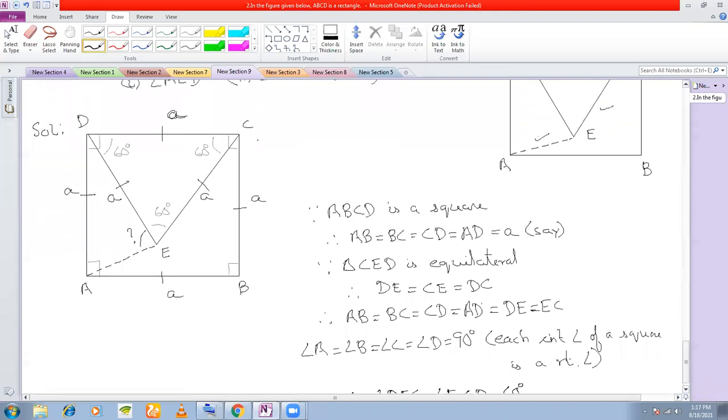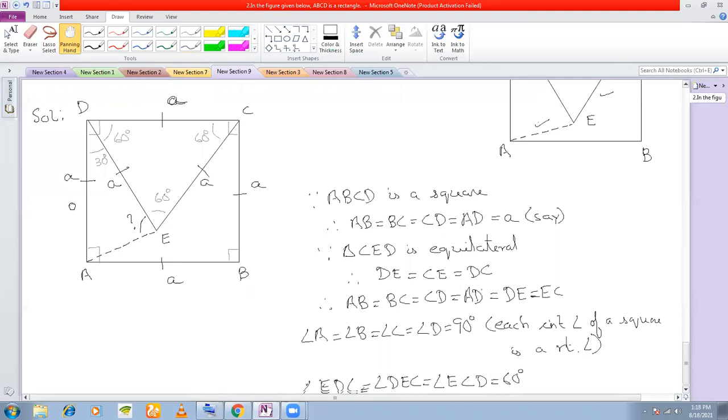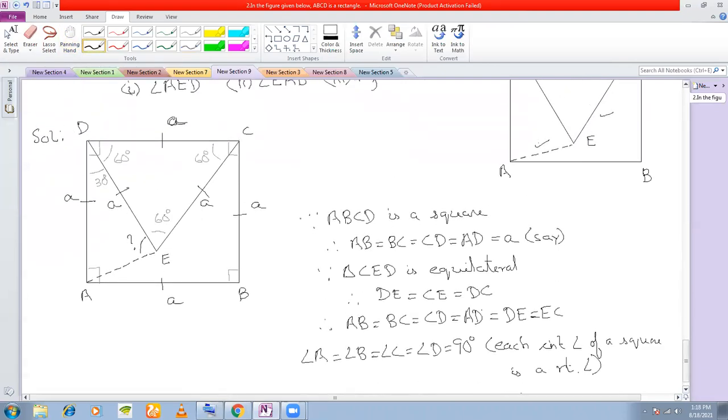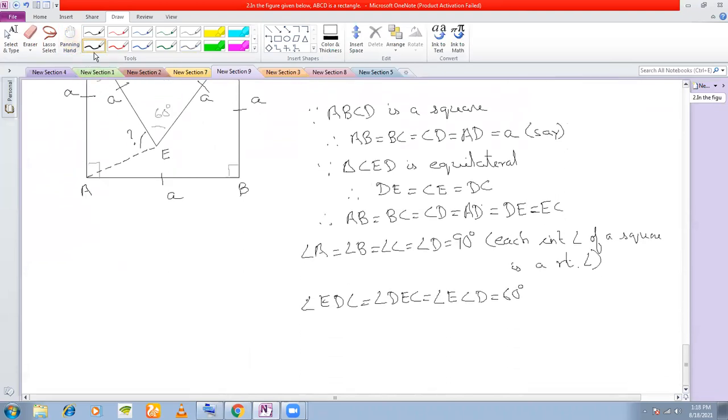Now, once I know all these angles are 60 degree, what will be this angle here? 30 degree, right? 90 minus 60. So therefore, what is this angle called? This angle will be ADE. Angle ADE is equal to 90 minus 60, which is equal to 30 degree.